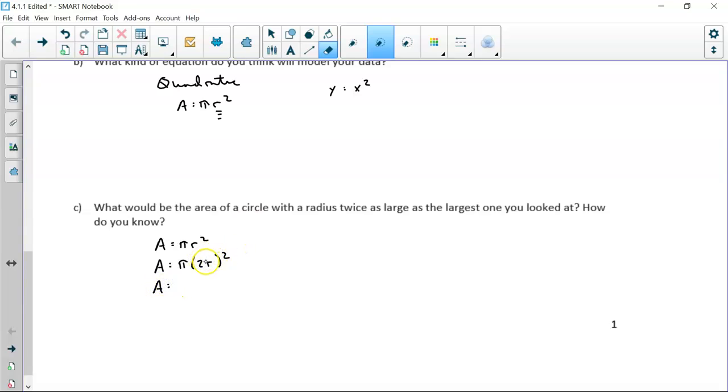Now, when we square the 2 and the r, we have to square both. So 2 squared is 4, r squared. So the area is 4 pi r squared. We're quadrupling our area. That's just a fancy word for times 4. So we quadruple the area when we double the radius.